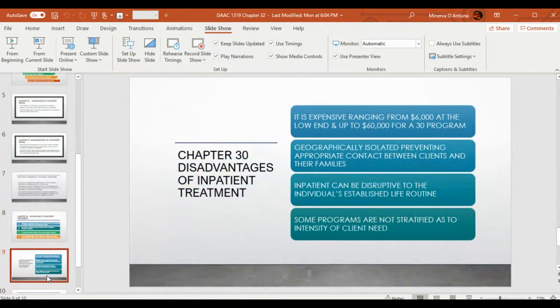And so we're also talking about the disadvantages of inpatient treatment. And of course, the first thing we're going to look at is money. It is expensive, ranging from $6,000 at the low end to up to $60,000 for a 30-day program.